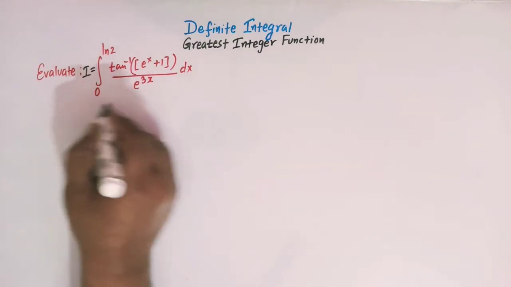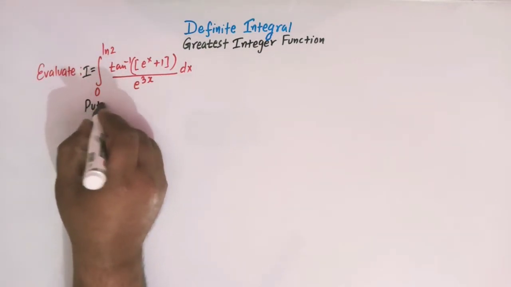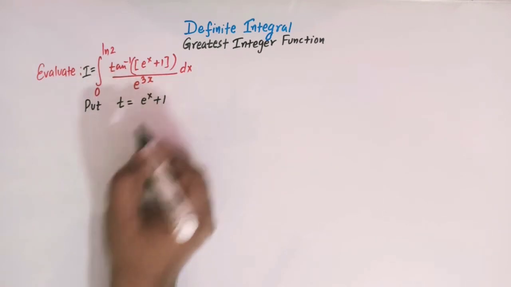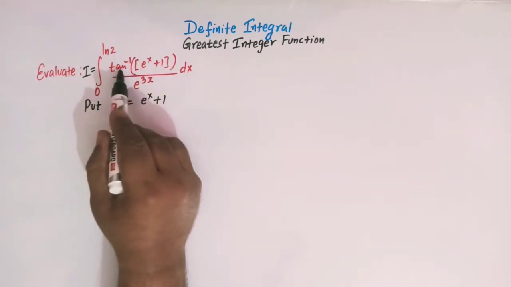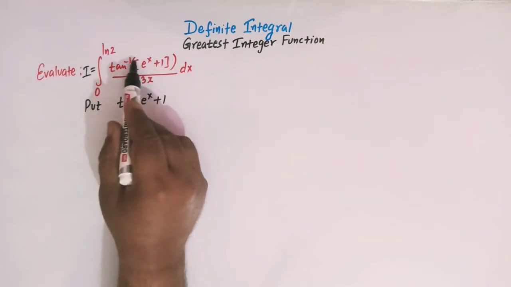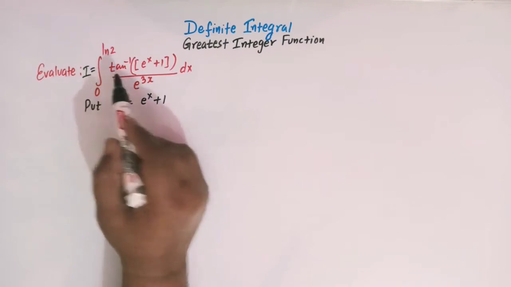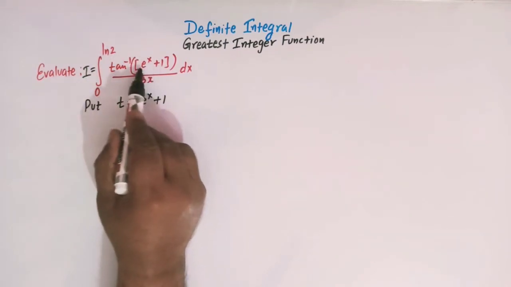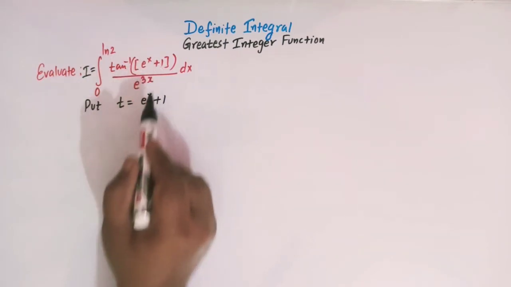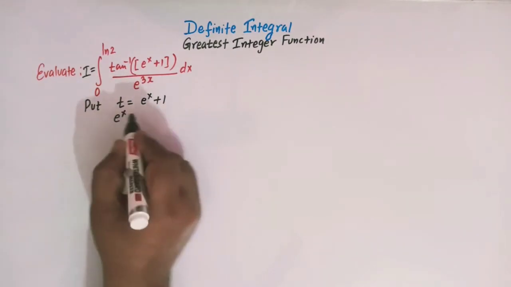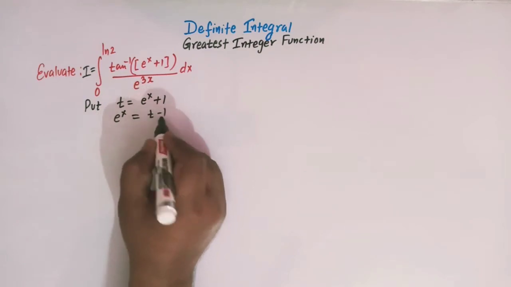Now here we will first take t equal to e raised to x plus 1. So we have tan inverse of the greatest integer of e raised to x plus 1, and we put e raised to x plus 1 equal to t. So e raised to x is equal to t minus 1.